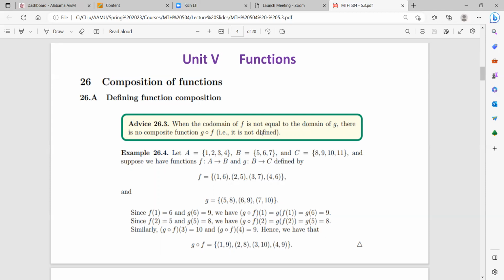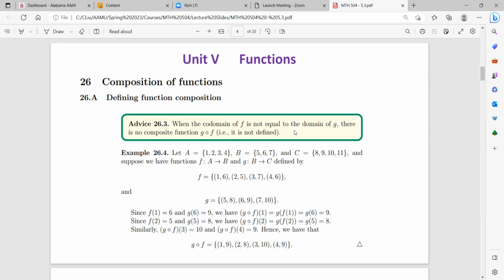Actually, more precisely, if the range of F is a subset of the domain of G, then it does define a function.